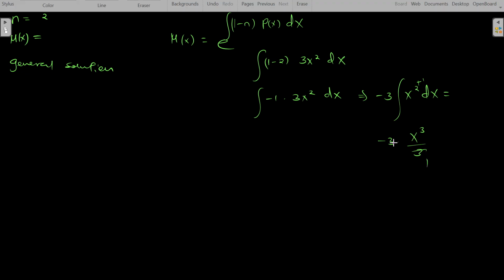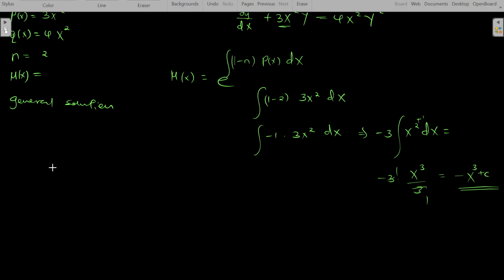So this 3 cancels this 3, and I get negative x to the third plus a constant of integration, which we won't include in these calculations. So our mu of x equals e raised to the integral we already computed, negative x to the third. So that's our first step.